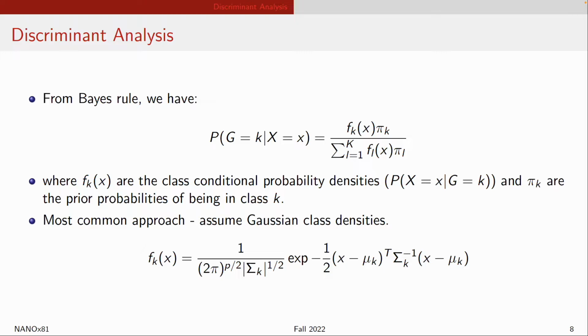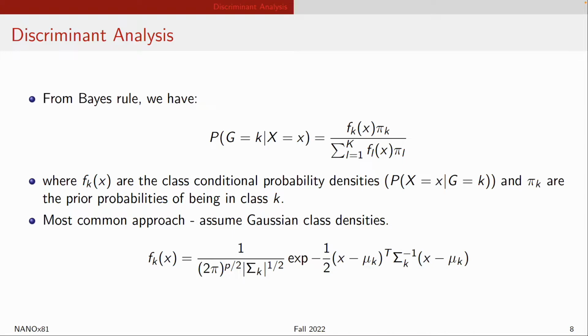So we assume Gaussian class densities, which means that now each of my f_k(x) is given by this Gaussian function over here, all right? So this is obviously an n-dimensional Gaussian function. So what you have is x minus the mean of k. This is your inverse covariance matrix, and this is basically just a prefactor, okay? So you assume that each of the f_k(x) takes this form.